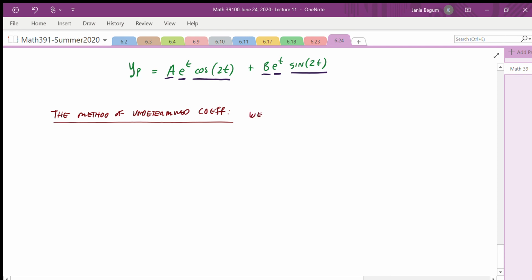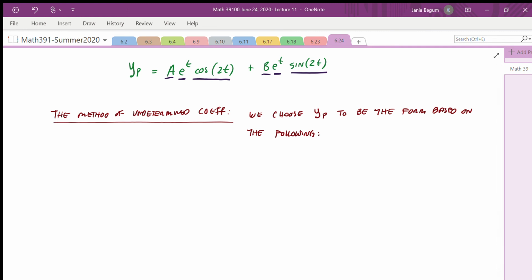We choose yp, which is the particular solution, to be of the following form. This table puts all the functions in general form, not a particular example.